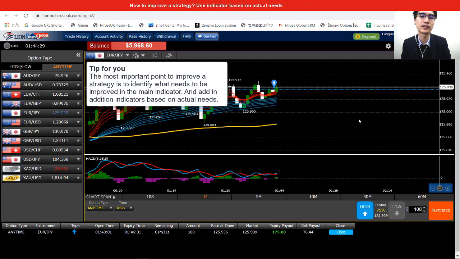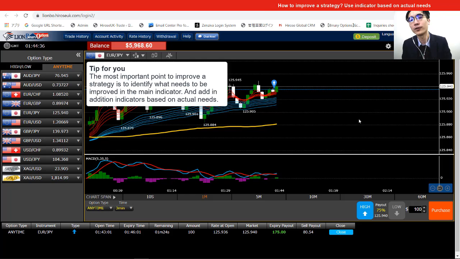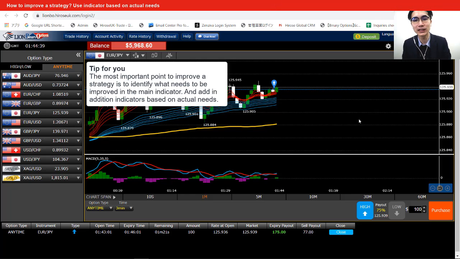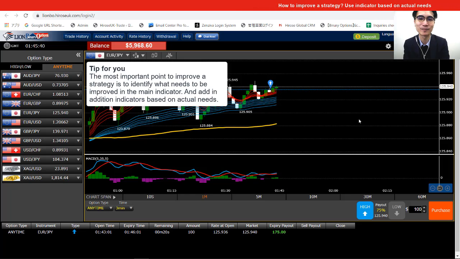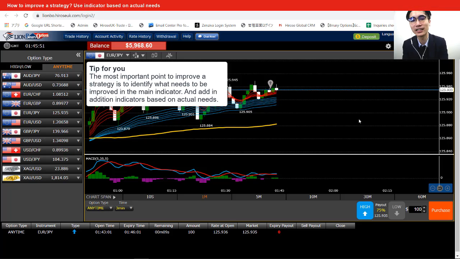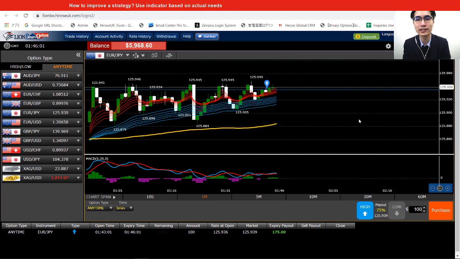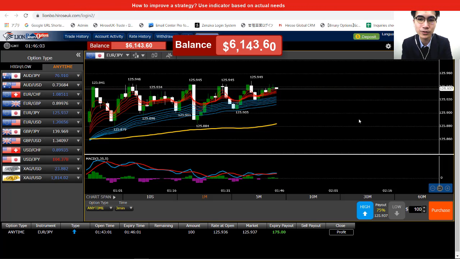And then after that, I noticed it's a bit confusing to look for the exact timing to open a position. That's why I put the MACD there. To put it in simple words, when you insert an indicator, it's based on your needs. You don't just add random indicators, put whatever in, and then use it. You use it based on needs. So okay, now the trade is finished.